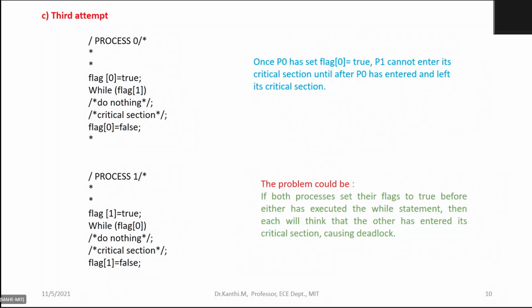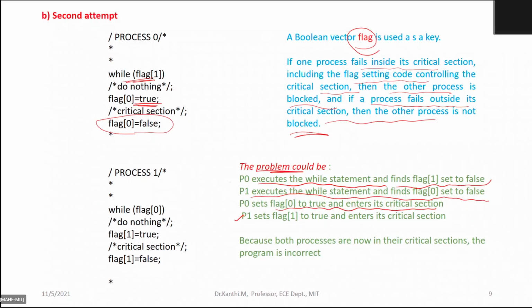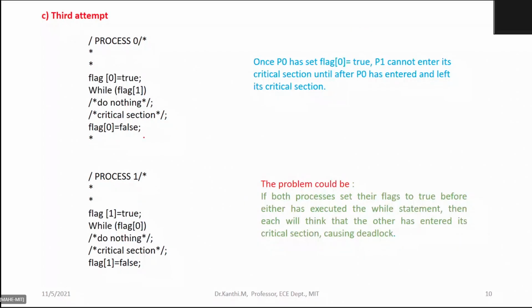There is a third attempt. A different version was given in the algorithm. Please note the difference. Here, in the beginning itself, you make your own flag true and check for the other flag.